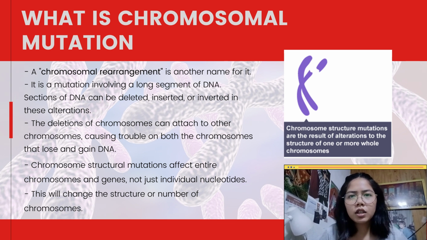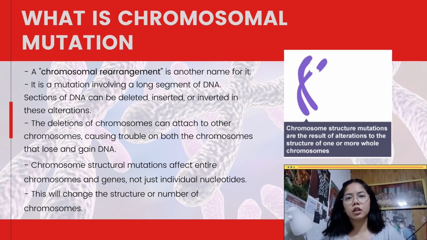So, firstly, what is chromosomal mutation? This is a mutation involving a long segment of DNA. These sections of the DNA can be deleted, inserted, or inverted in these alterations.